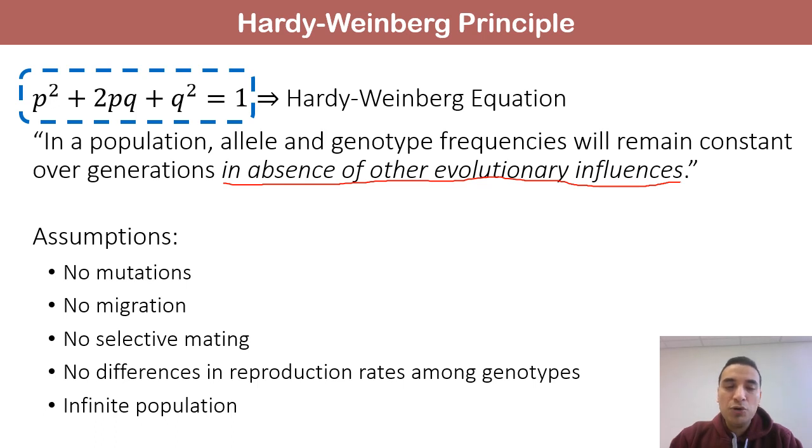No differences in reproduction rates among genotypes, meaning vegetarians and carnivores, all the genotypes really, they have similar reproduction rates. It's not very different. And we also assume that the population is infinite, because if the population is not infinite, then things change quite a bit.